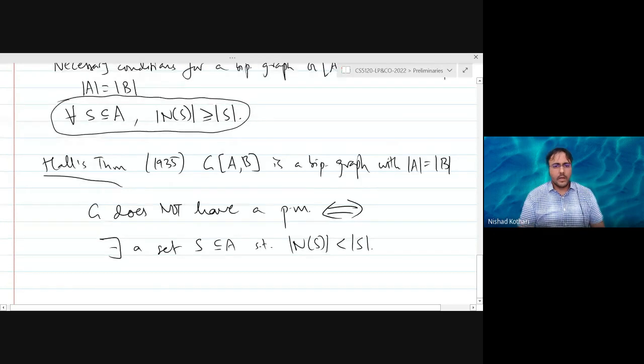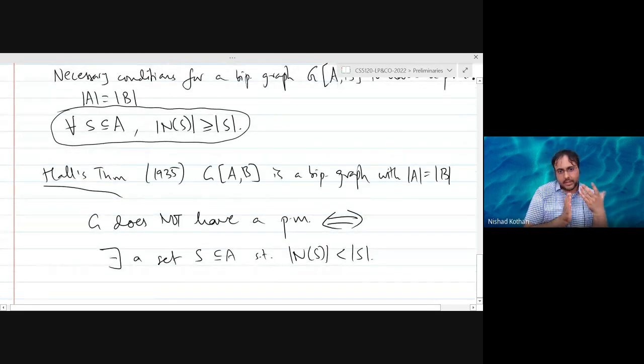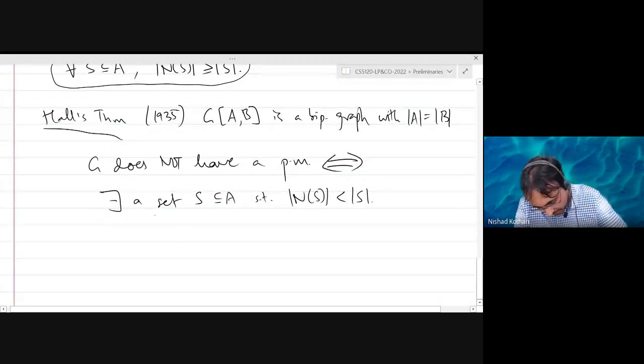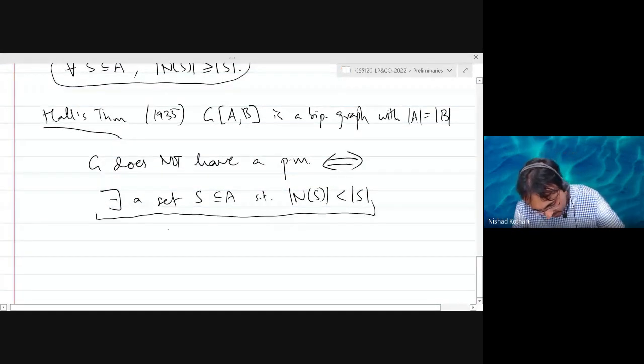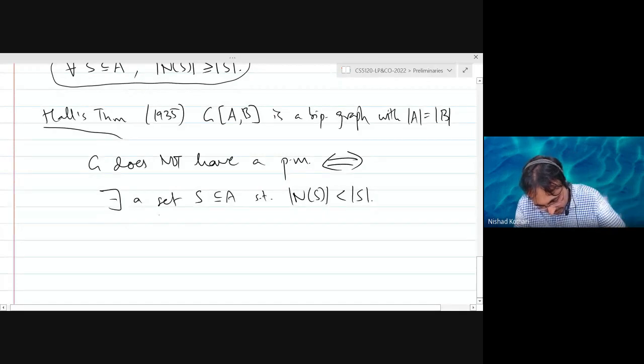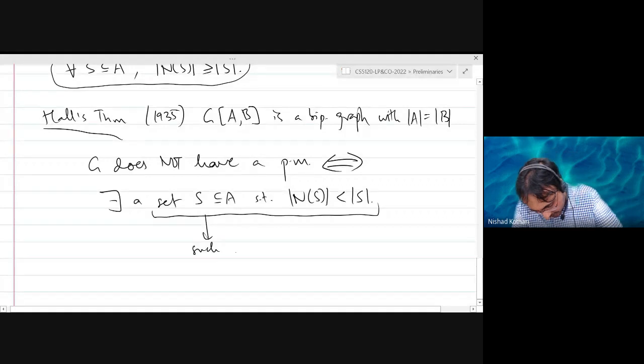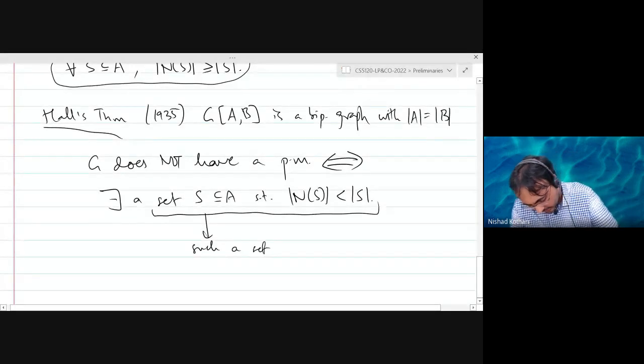Right? So it's saying that this necessary condition is actually sufficient. So whenever the graph does not have a perfect matching, it's because there is a problematic set. Such a set is called a deficient set, or we might just call it a Hall set.